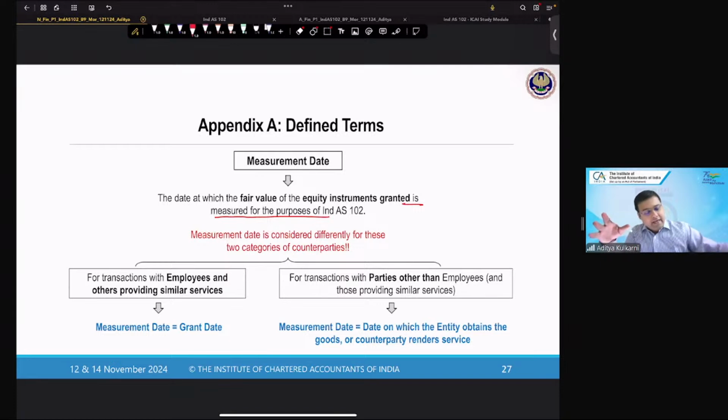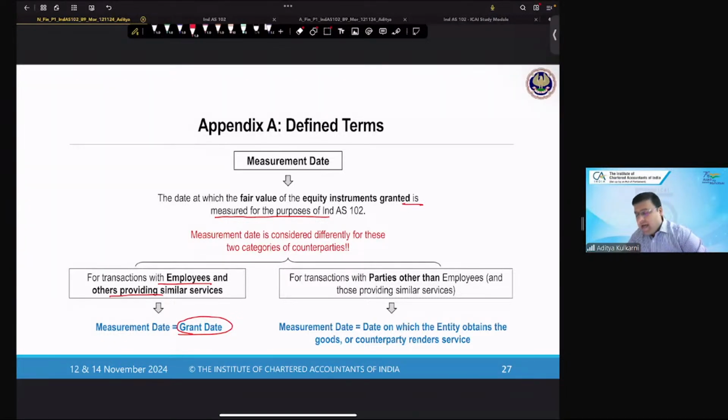So many things are there. Grant date, vesting conditions, performance conditions, market conditions, non-market based conditions, approval is required. So when do I actually do the measurement? For that, there is a definition of measurement date, which says that the measurement date for transactions with employees is the grant date.